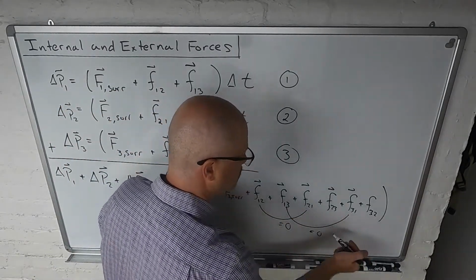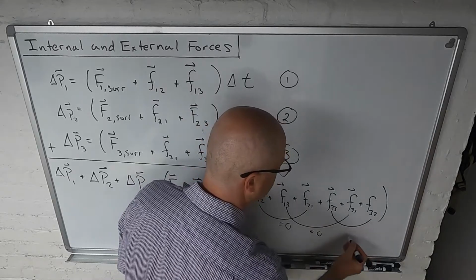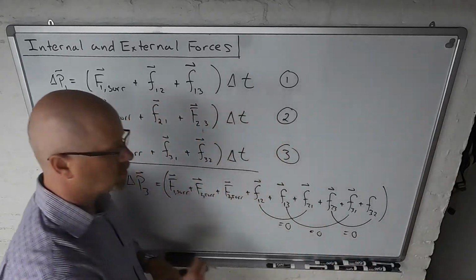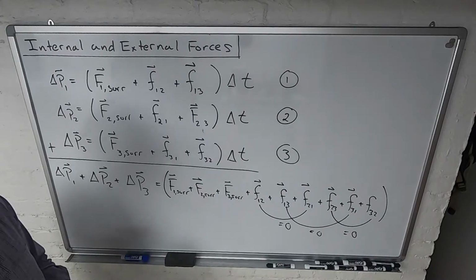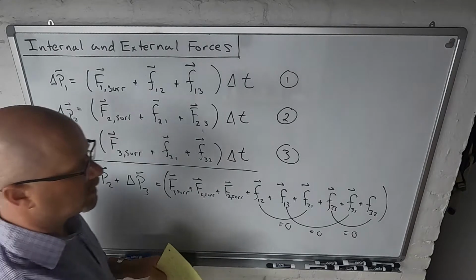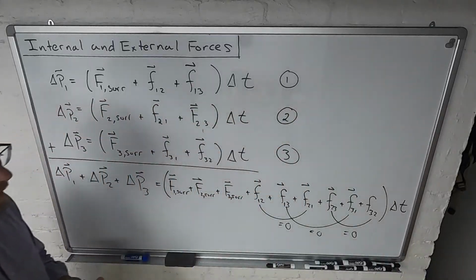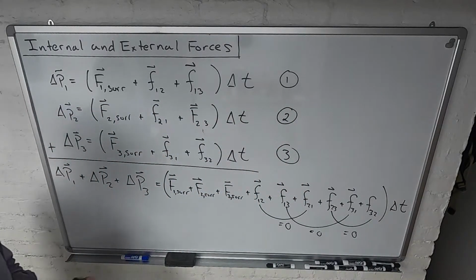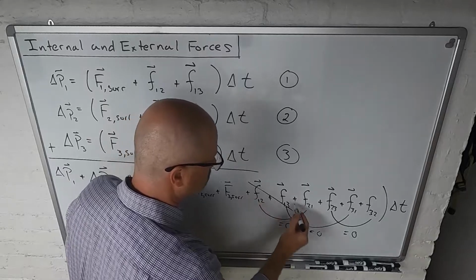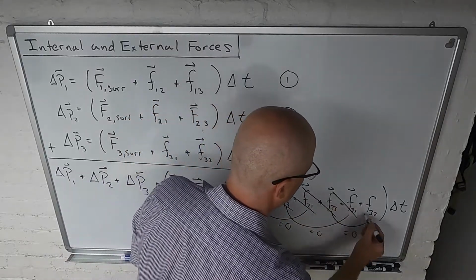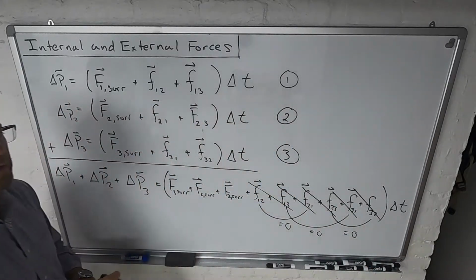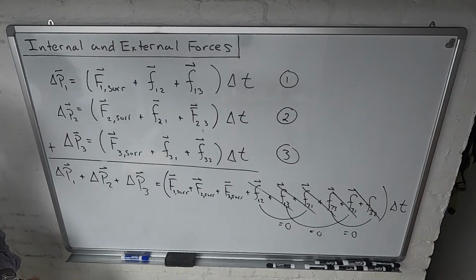F23 and F32, I link those, they're also equal to 0. So what I can say, oh, I forgot my delta T, is that all of the internal forces are gone because of reciprocal pairs.